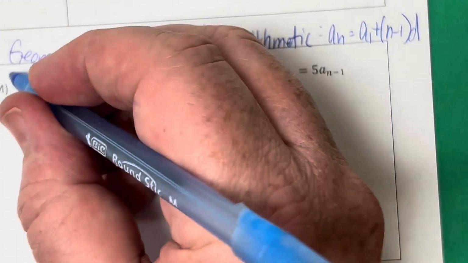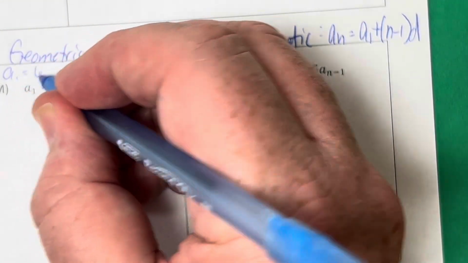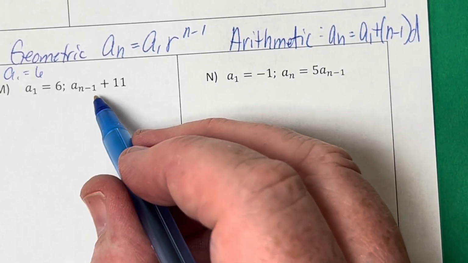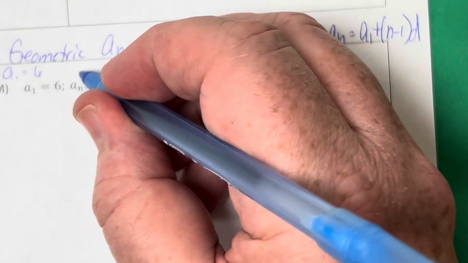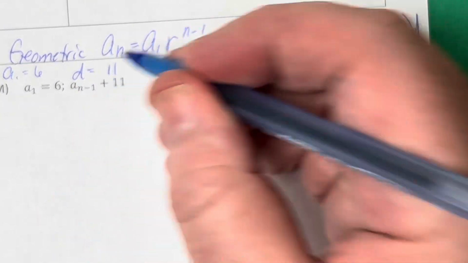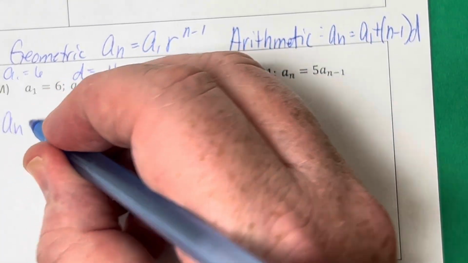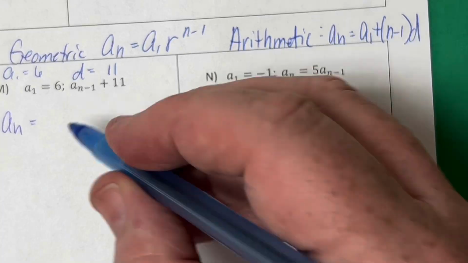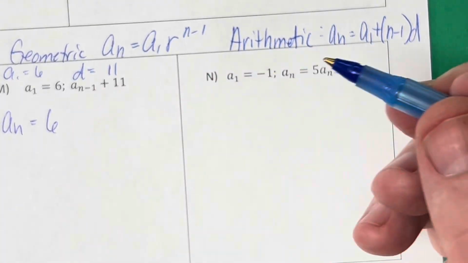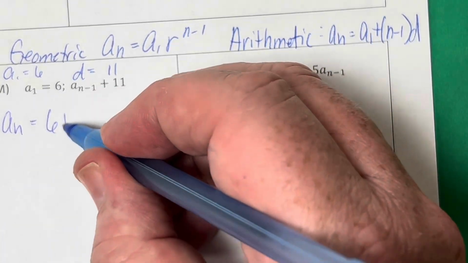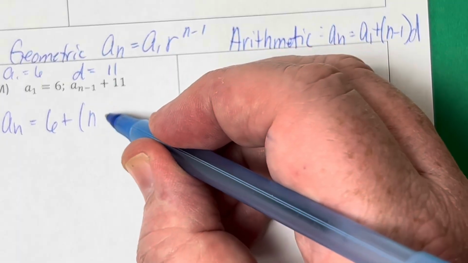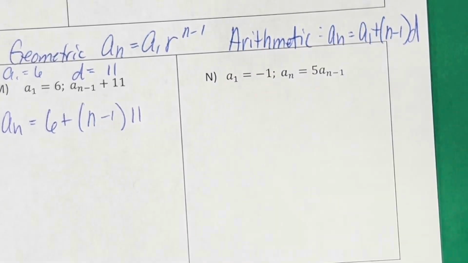So we know what a_1 is. a_1 equals 6. And then d equals 11 with that plus 11. So we have a_n equals, first term is 6, plus (n minus 1) times 11.